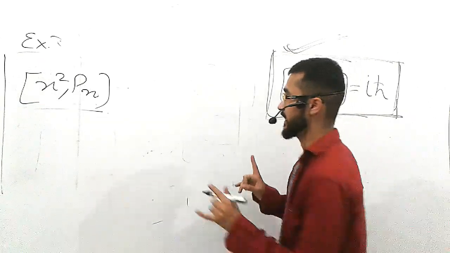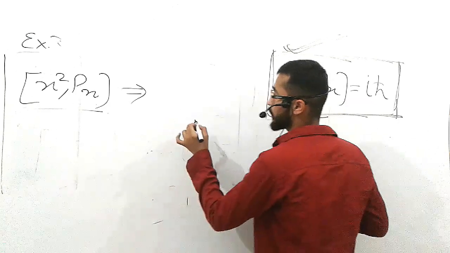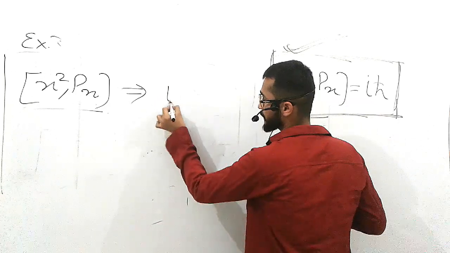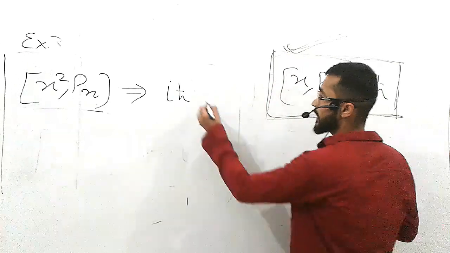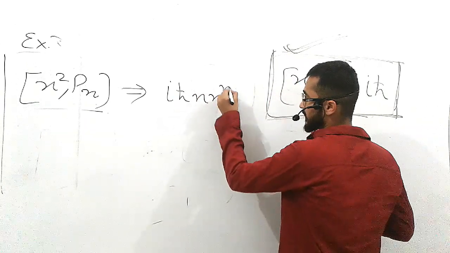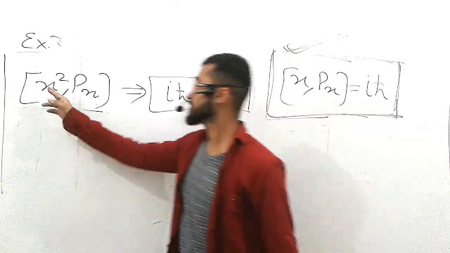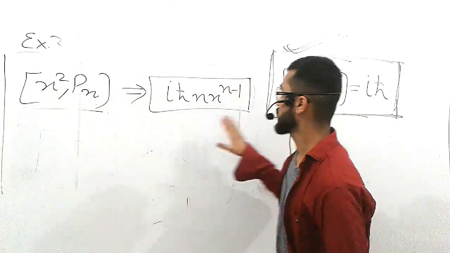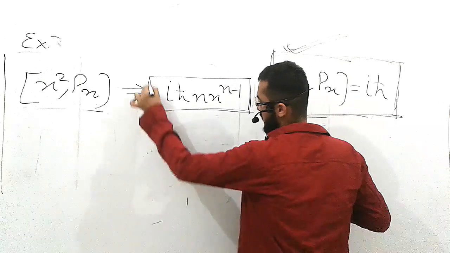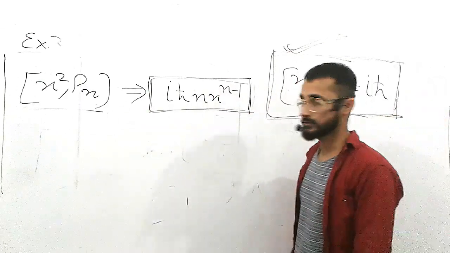You have to write the basic trick here. What is that? Iota h cross remains here, and n x power n minus 1. Whether it is a square, cube or further powers, it will be written as iota h cross n x power n minus 1.